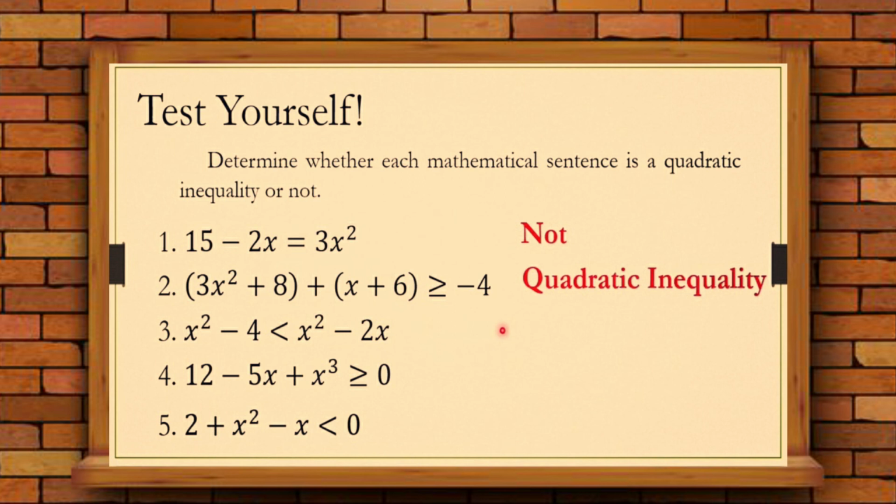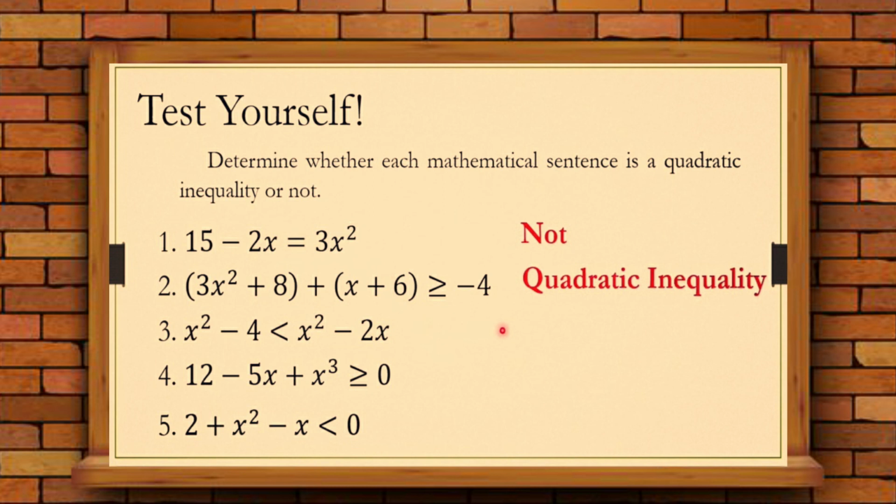This is a quadratic inequality because if we solve this, we will transfer the negative 4, and our degree 2 term is not 0. Your degree is 2 and your symbol is greater than or equal to, so this is a quadratic inequality.